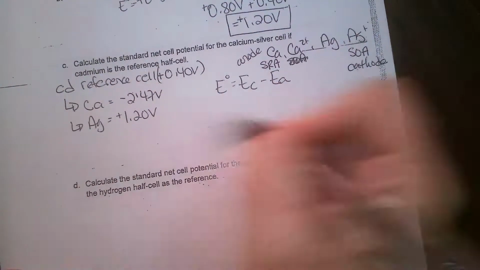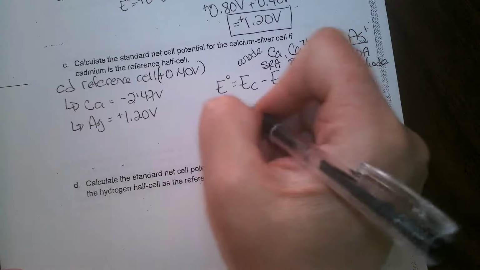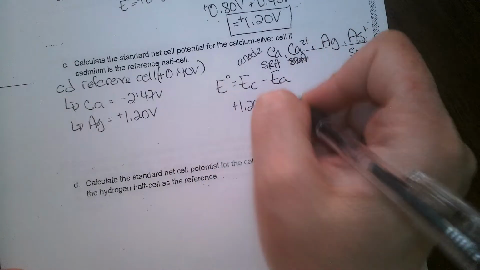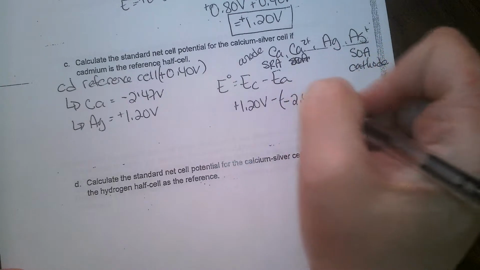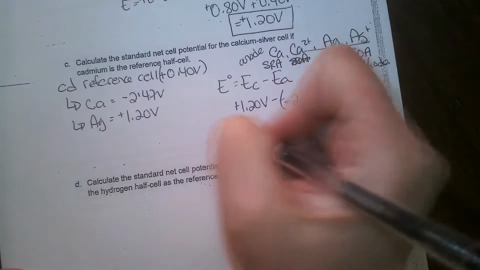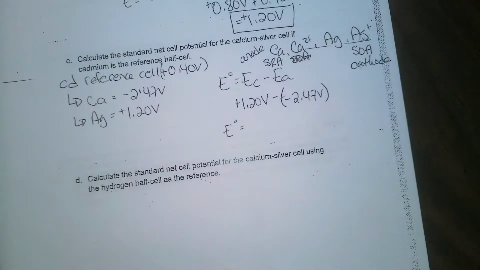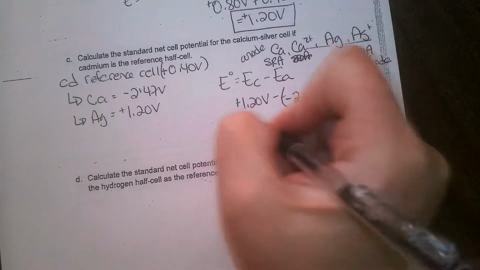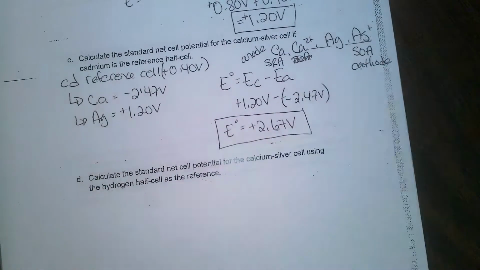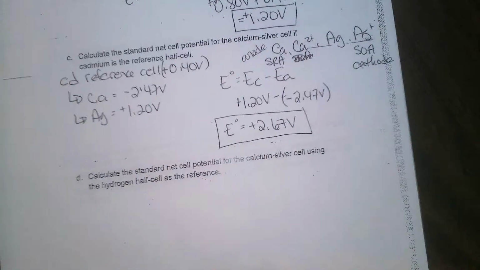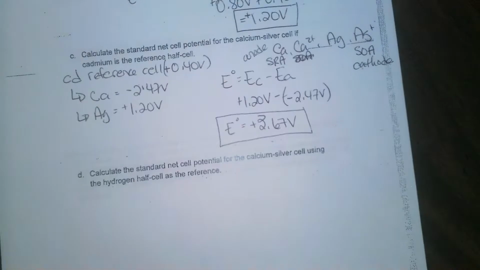Okay, so our cathode value is plus 1.20 volts, and our anode is negative 2.47 volts. What do we get for a value? Okay, that's an easy fix.